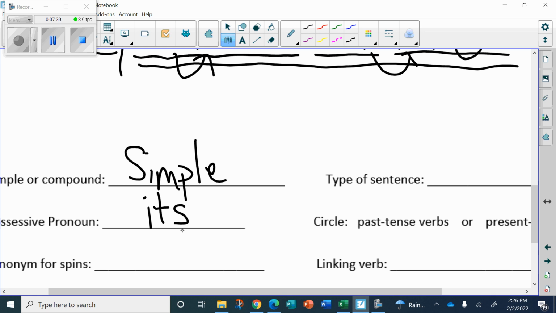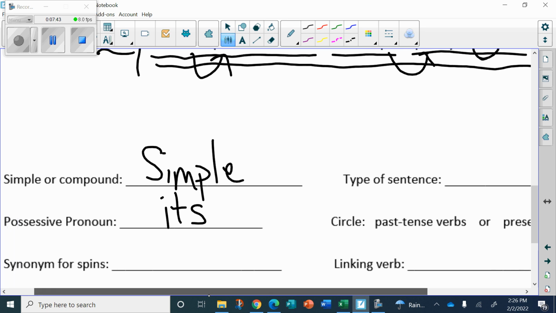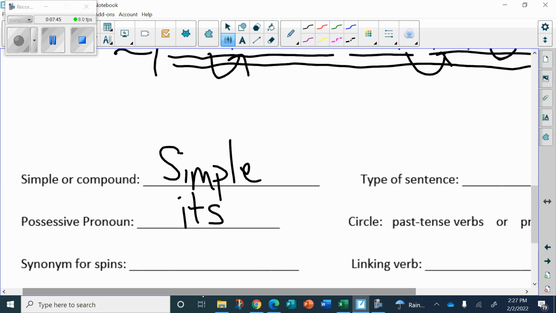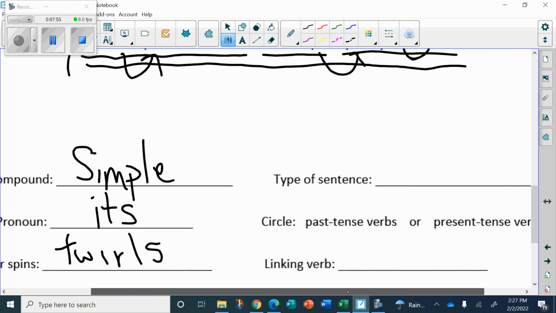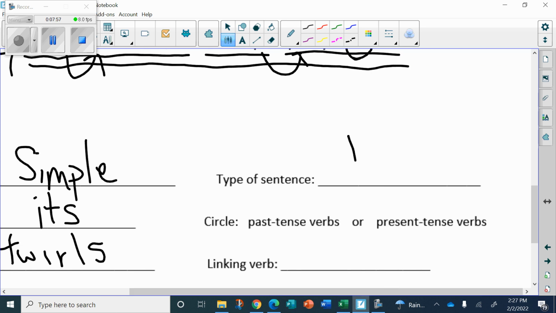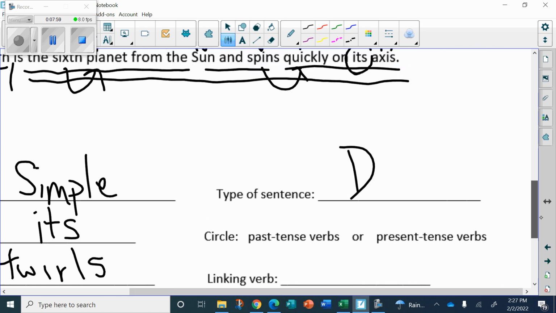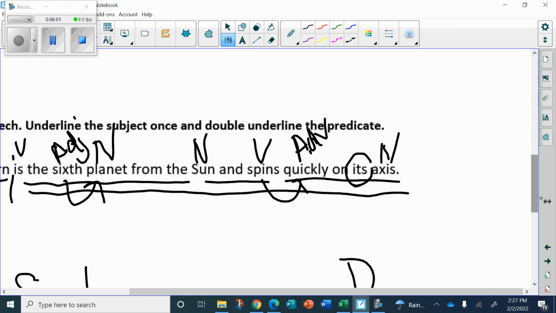What's a synonym for spins? Synonym means same, synonym similar. Spins. How about twirls? I'm sure you guys can think of many other synonyms there. Type a sentence, declarative. All right, let's look to our verb. We have is and spins. That's not past tense, is it?